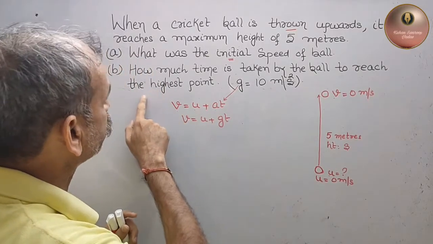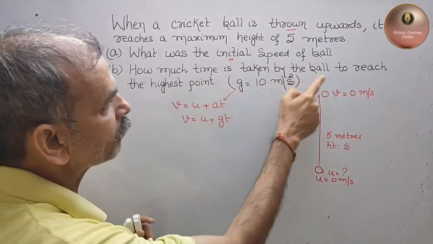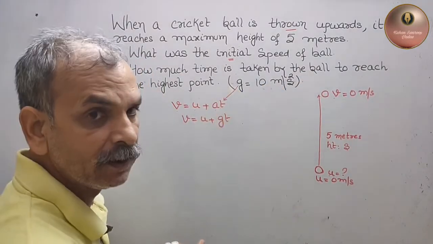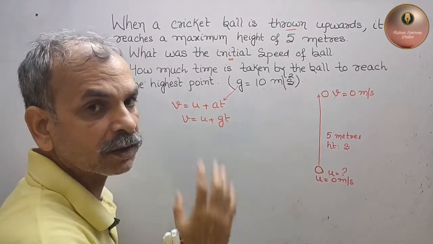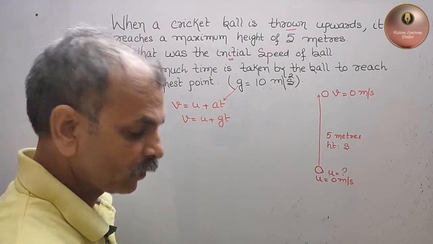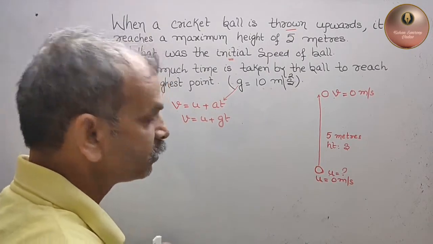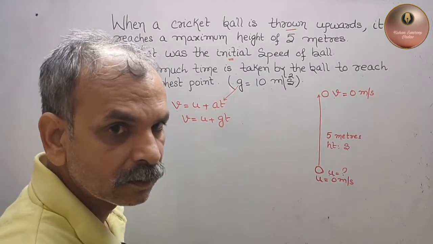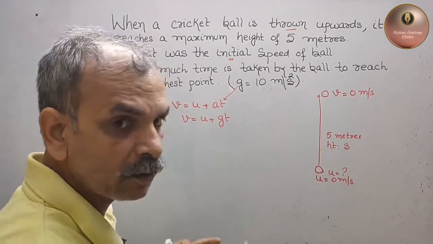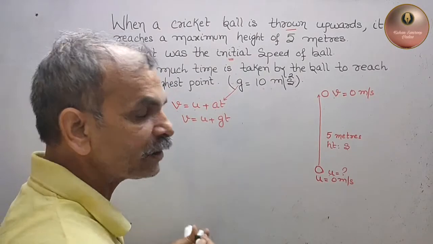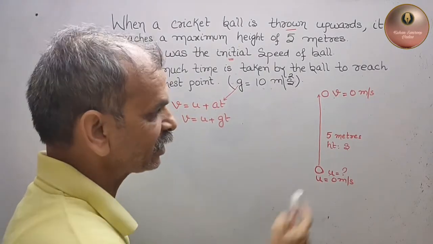And second, what they have told you, how much time is taken by the ball to reach the maximum height. Now by this formula we can go further. So what is that? Next formula. S means h, है ना, distance.